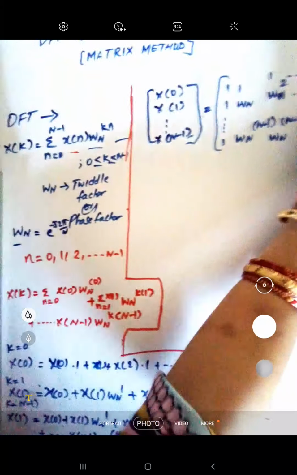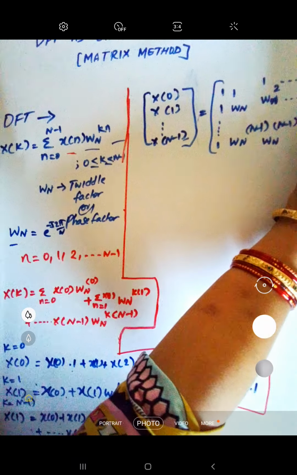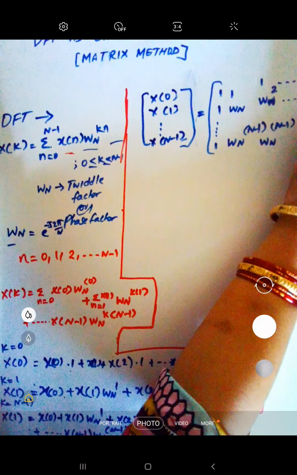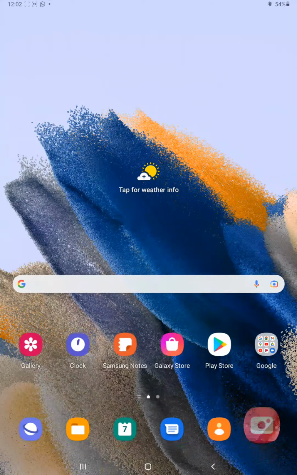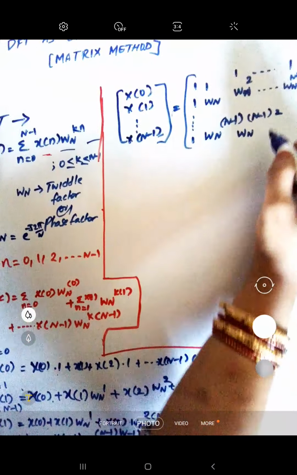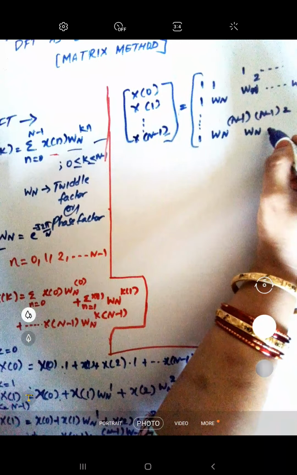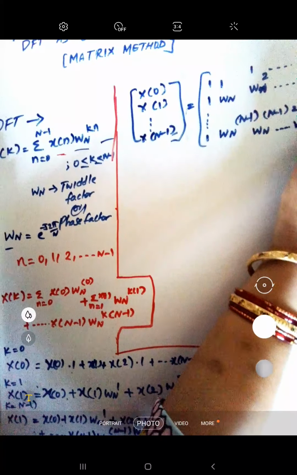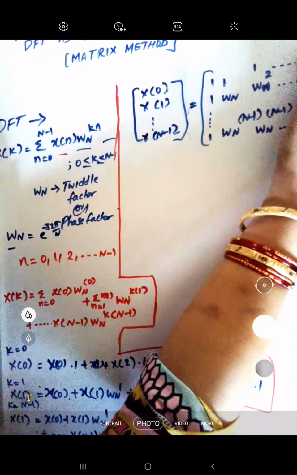For the second row it would be W_N to the power of N minus 1. In the same way, the last entry would be W_N to the power of N minus 1 into N minus 1.